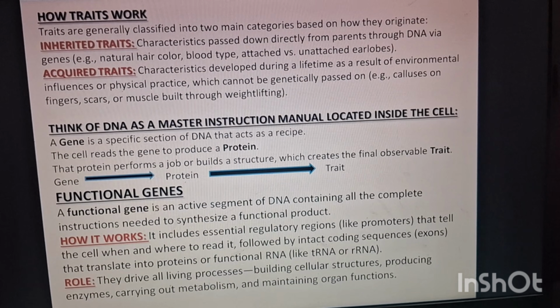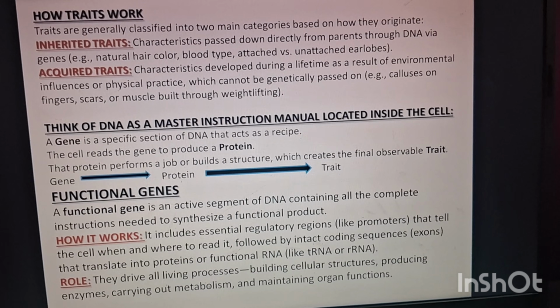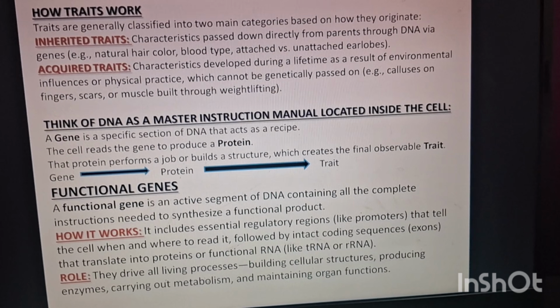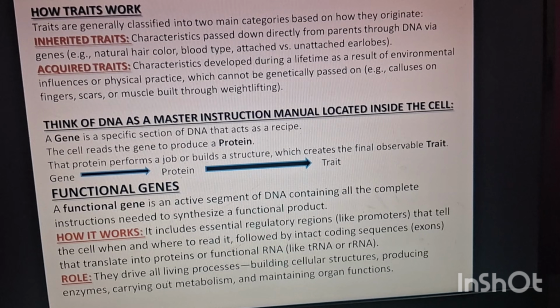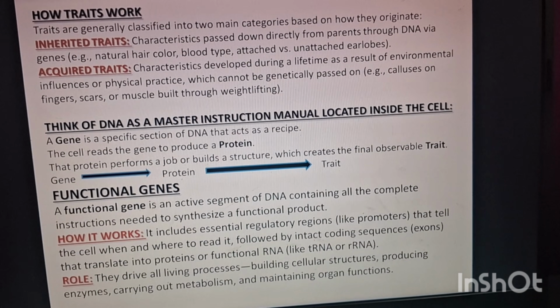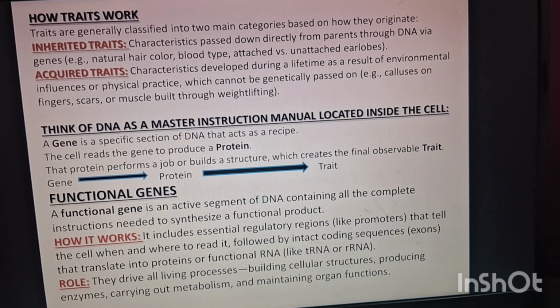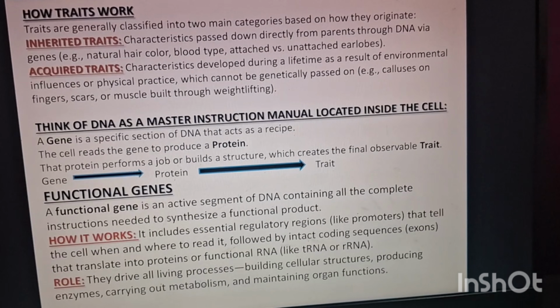Next, how traits work. Traits are generally classified into 2 main categories based on how they originate. At first, inherited traits. It is a characteristic passed down directly from parents through DNA via genes. Examples: natural hair color, blood type, attached versus unattached earlobes.